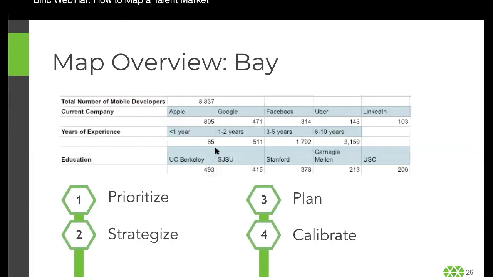And so using a map like this not only helps us to better partner and better support our hiring leaders, but it also, from a recruiting perspective, helps us prioritize, right? Obviously, in a market segment of 8,000 target candidates, we're not going to go after all 8,000 at the same time. We may not even be able to get to all 8,000.